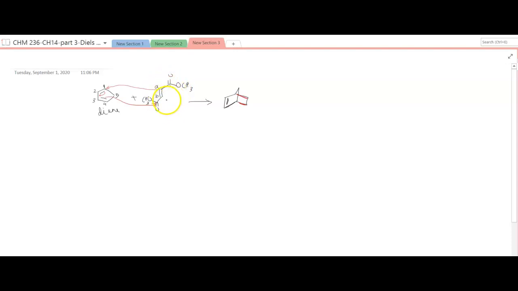Now look, they were trans, so that means you have to draw one in this manner, pointing up, and the other pointing down. So these are the new bonds that were formed, the red bonds, and this is your structure. You have one group pointing up because they were trans and one group pointing down.